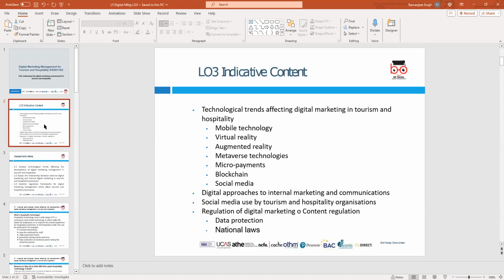The typical indicative content includes technological trends affecting digital marketing, like mobile technology, virtual reality, micropayments, social media, blockchains, chatbots or robots, and contactless payments.